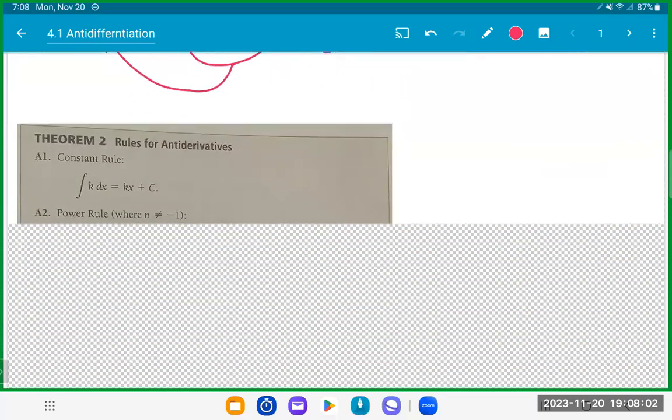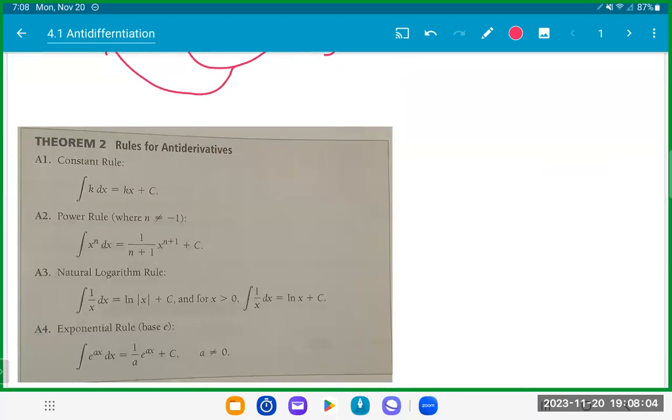Okay, so the second theorem that we have here is just a set of rules, so to speak, right? So we can say if it's the constant rule, that's that constant k, right?